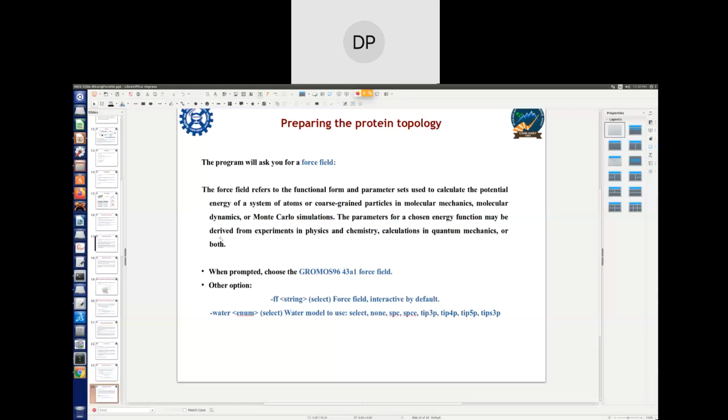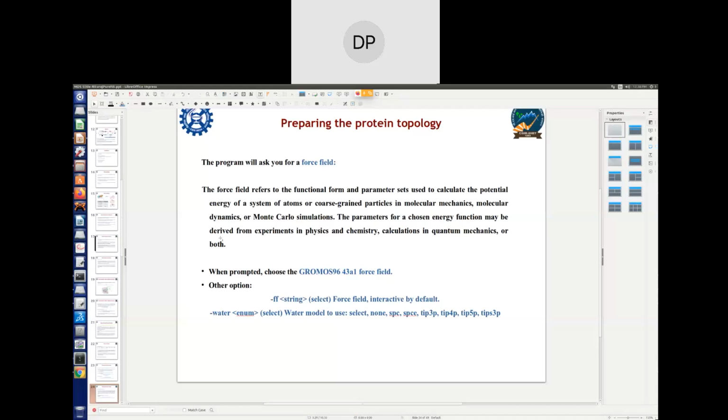So the force field is the selection through which you define your simulation. The force field criteria is very important, and the present GROMACS version has almost 18 to 20 force fields. Based on what kind of simulation or observation you want, you need to select the force field. In general, for protein-ligand complexes, the GROMOS option number 9, the 43A1 force field, is more frequently used.